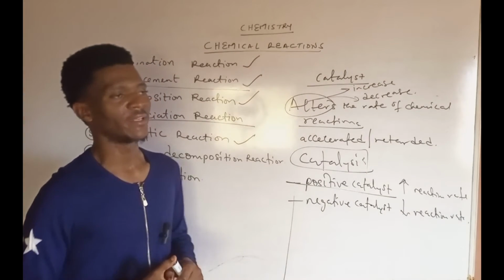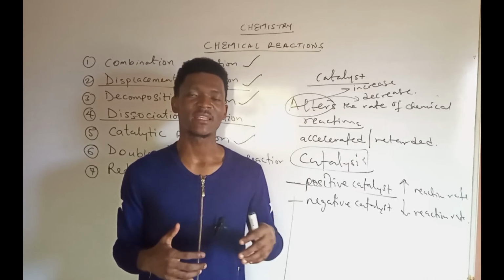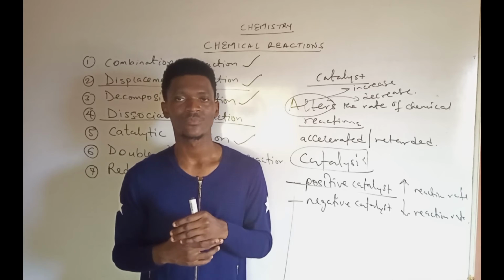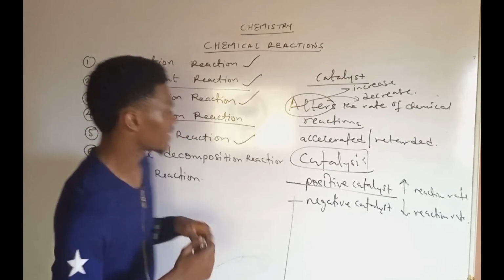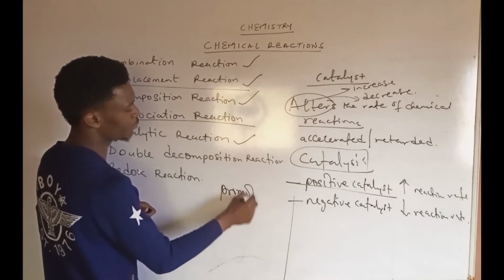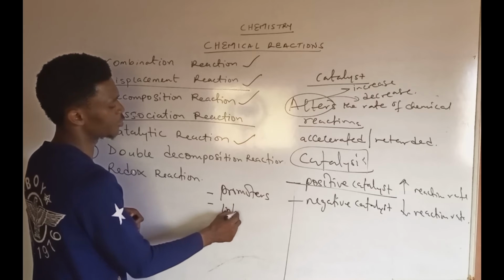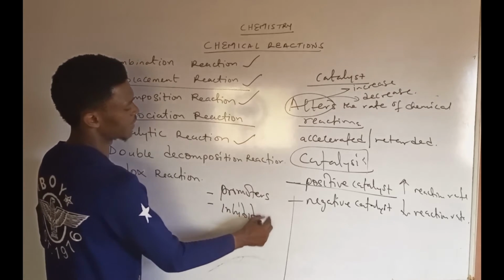Okay. Now again, there are some agents that can affect the catalyst present in a reaction. Of course, such agents are divided into two parts. We have those agents that are called promoters, and then we have those agents that are called inhibitors. Now, what are promoters?